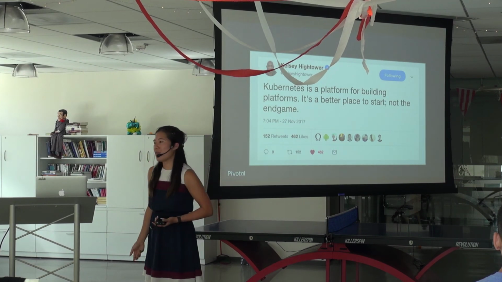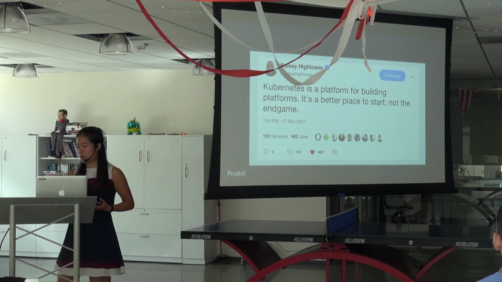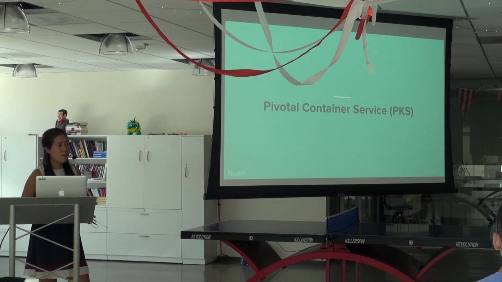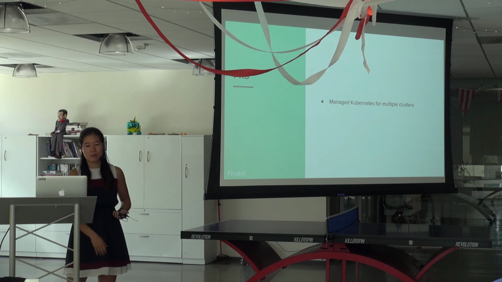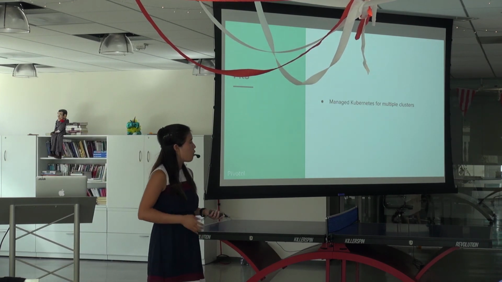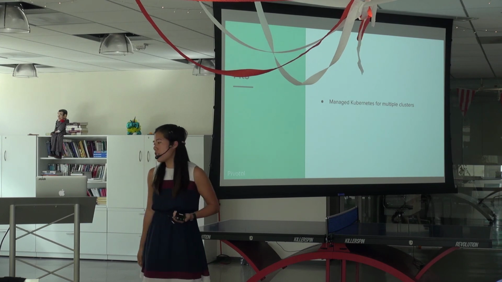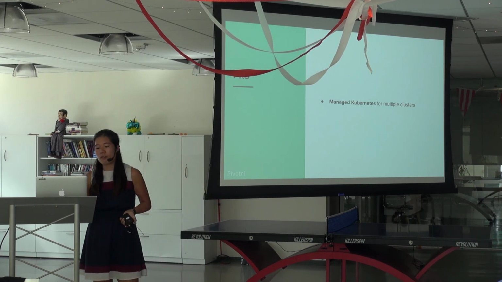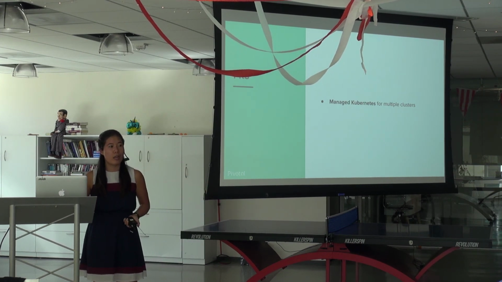And so that's why we see PKS coming into the picture as one such offering of an endgame, per se. PKS, which stands for Pivotal Container Service, is a managed Kubernetes for multiple clusters. Let's highlight two main things here. First, that it's a managed Kubernetes.